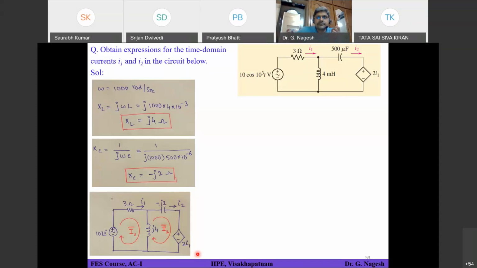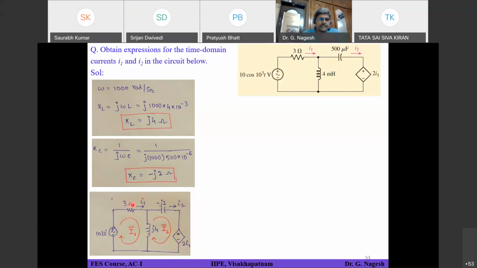In the expression, this term is a current dependent voltage source, so straight away it will be plus 2 into I1. The current I1 is seen flowing in this branch. The I1 phasor you have denoted and this current I1 are in the same direction.